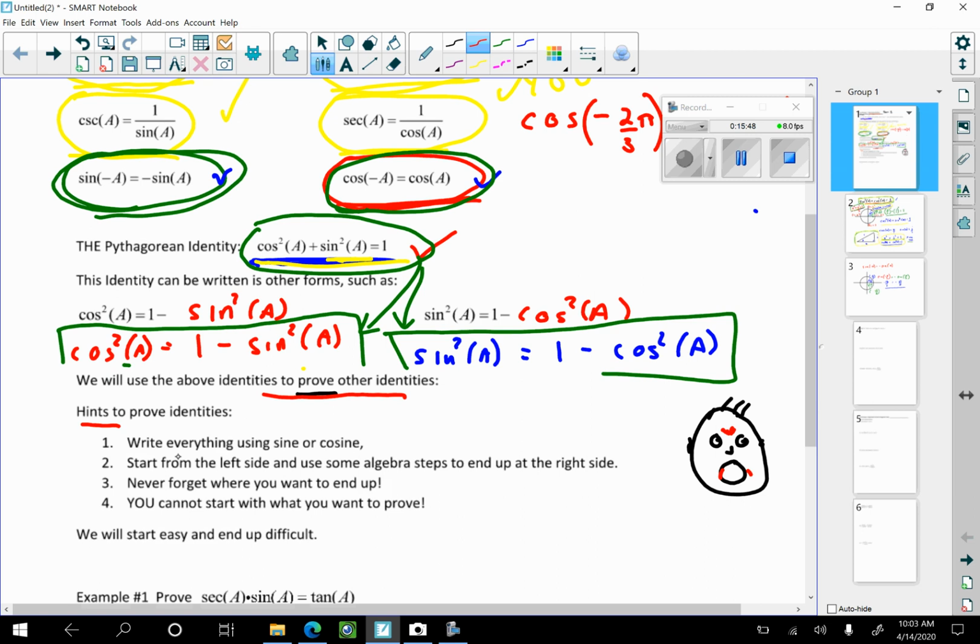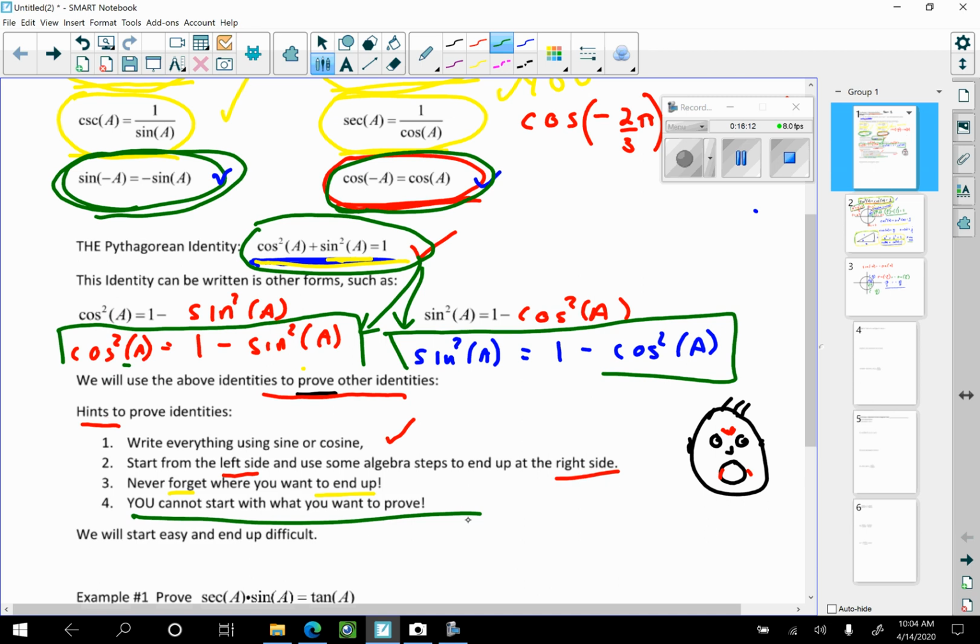And here are some nice hints. The first thing I'm going to do is write everything in sine and cosine. We're going to start with the left side and use some algebra to end up at the right side. Don't forget where you want to end up. And here's the key: you cannot start with what you want to prove.